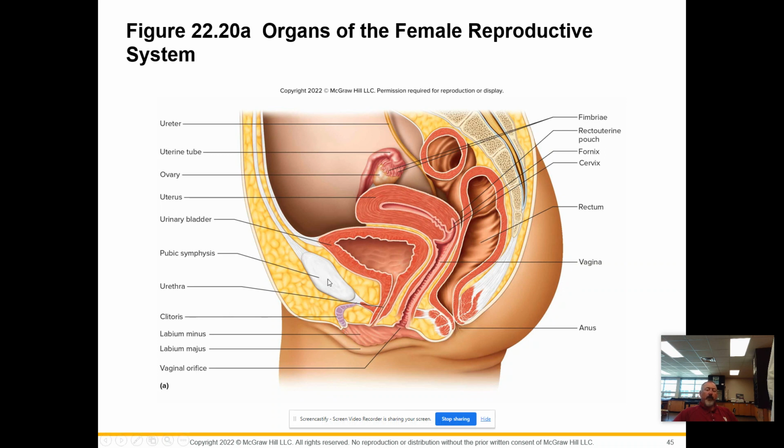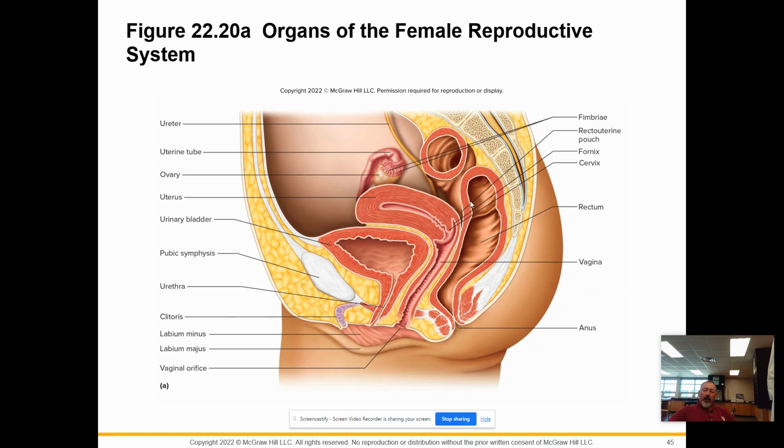If you move a little bit further, you're going to find a bone that's going to be pretty prominent. And this is going to be the pubic symphysis. We know the pubic symphysis is going to have a type of cartilage between it that softens during childbirth. Also, due to this position of bone, this is going to be the most anterior bump on the perineal region on the external anterior anatomy.